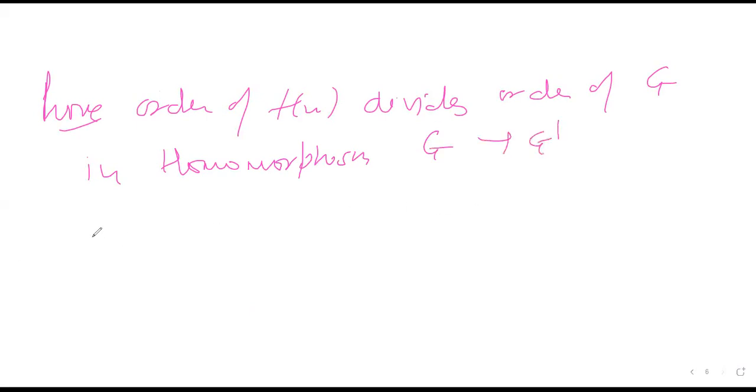We use this theorem as in the previous question. So I know that Fx is a homomorphism, so Fx plus y will be Fx plus Fy, like this.